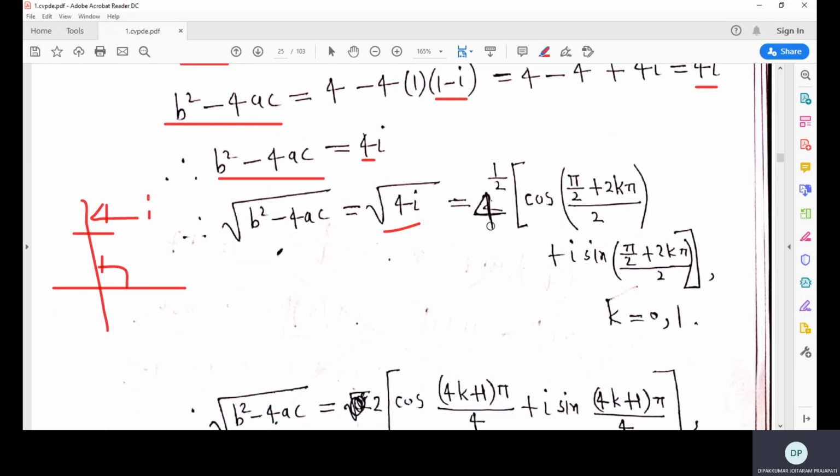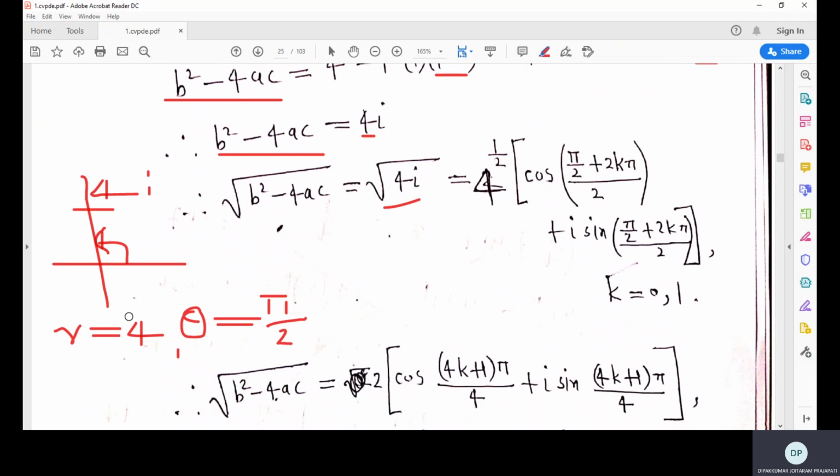So we are using that formula: r equal to 4, r means modulus. For 4i, the modulus is 4 and the argument is pi by 2, because this angle is pi by 2.